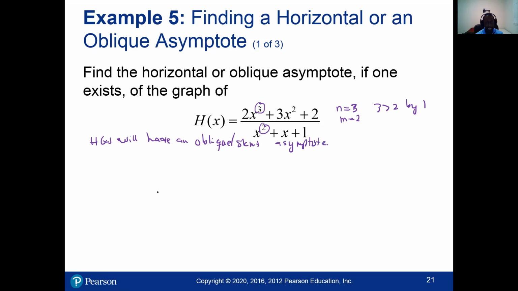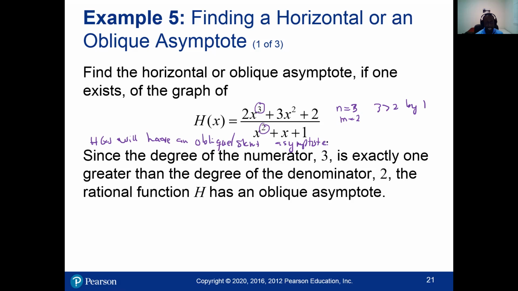Now how do you find that? We need to divide this expression by that one. So let's divide to find the oblique asymptote.